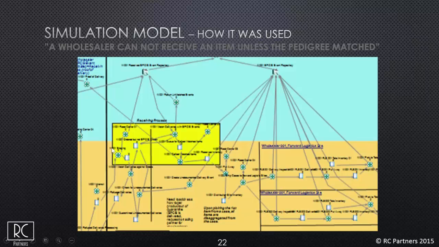What that means, if you take it word for word, is that the product will be sitting on someone's loading dock until the pedigree shows up, and only then could I match it. In other words, I would need to open up every case in every pallet and match it against the pedigree that had come in.